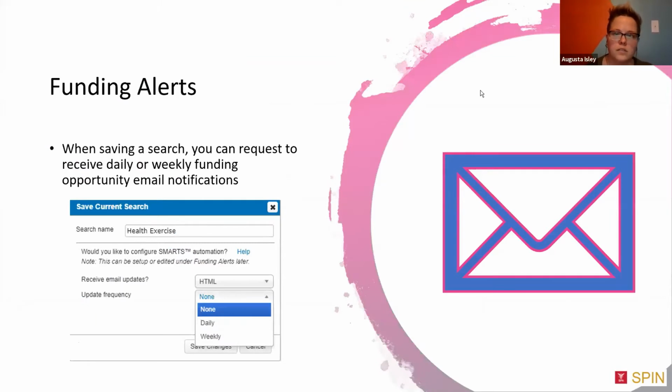Smart alerts, look at this. This is the save your search window that will come up, and you can decide if you want plain text or an HTML email. You can also have the frequency be daily or weekly. I don't know how many people would be getting daily updates from searches, but if there are enough changes to a particular subject, you might get daily alerts.